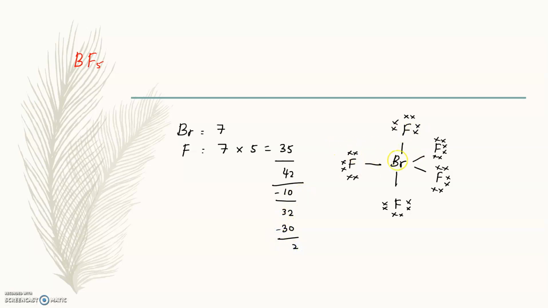Another 2 non-bonded electrons belong to bromine. So octet for fluorine 2, 4, 6, 8. Bromine forms an expanded octet. These are the Lewis structures for bromine pentafluoride. So all the valence electrons here, 42, are used to form this compound.